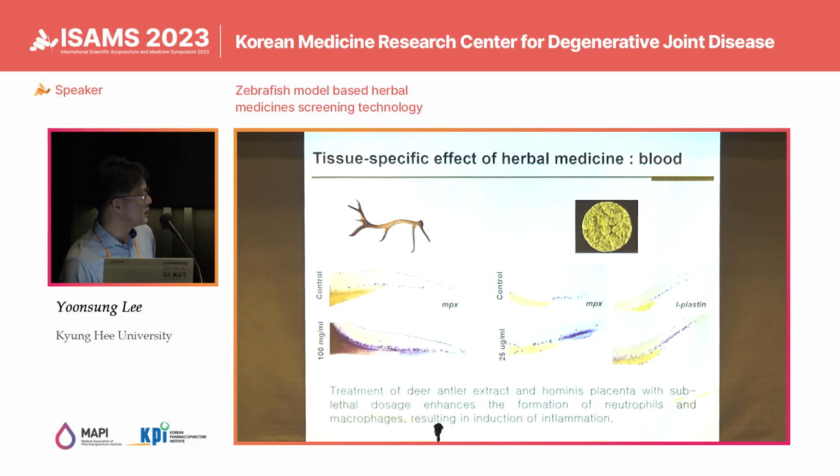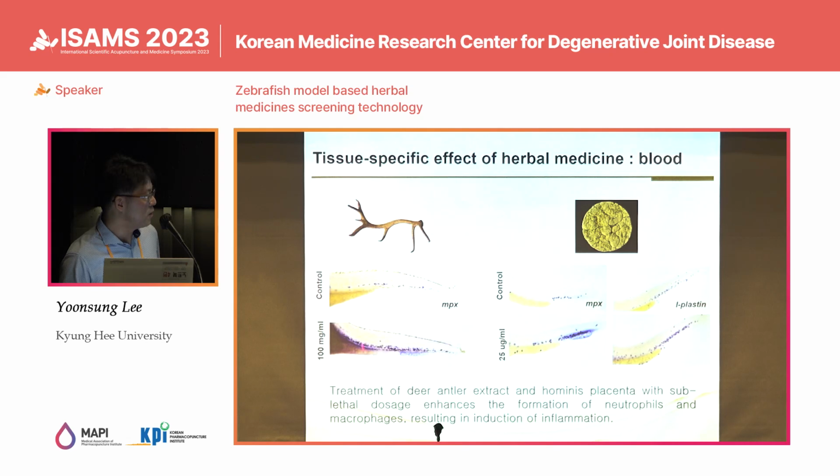This part is the tail of the zebrafish, where blood cells are formed and also proliferate to become functional. And as you saw here, there is an increase of neutrophils, because MPX and L-plastin are major markers for myeloid cells, including macrophages and neutrophils.